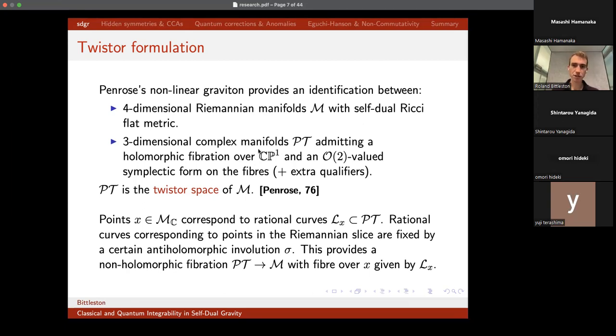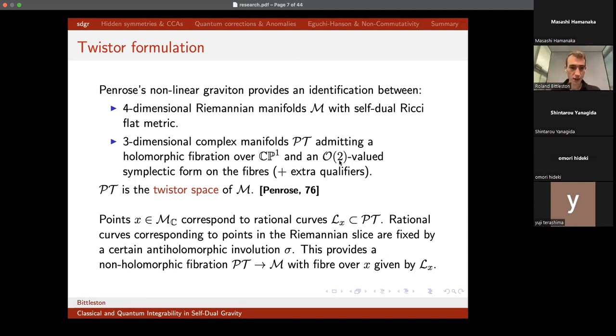I mentioned a moment ago that this self-dual Ricci flat condition in 4 dimensions is equivalent to being hyperkähler. This CP1 is really the CP1 of possible complex structures on your hyperkähler manifold. You can think of your twistor space fibering over that P1, and the fibers you can think of as copies of your hyperkähler manifold in a particular complex structure, and as I move around, I vary the complex structure.